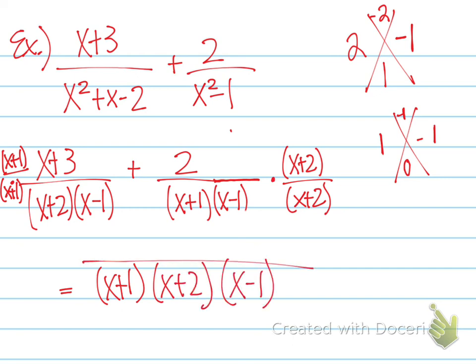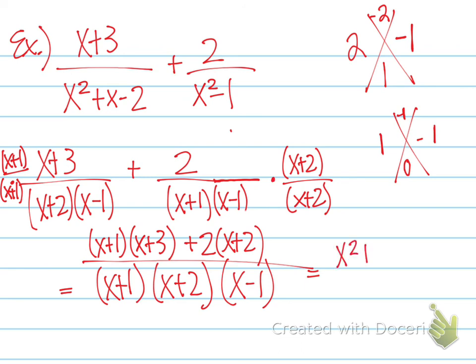So now we have to combine the top. So we have an x plus 1 and an x plus 3 plus 2 times x plus 2. Well, if I FOIL the first one, or I use the box method, everything's positive. So I'm going to be left with an x squared plus 4x plus 3.